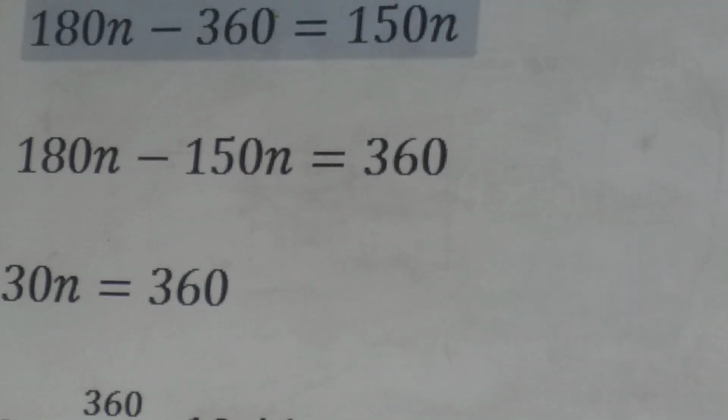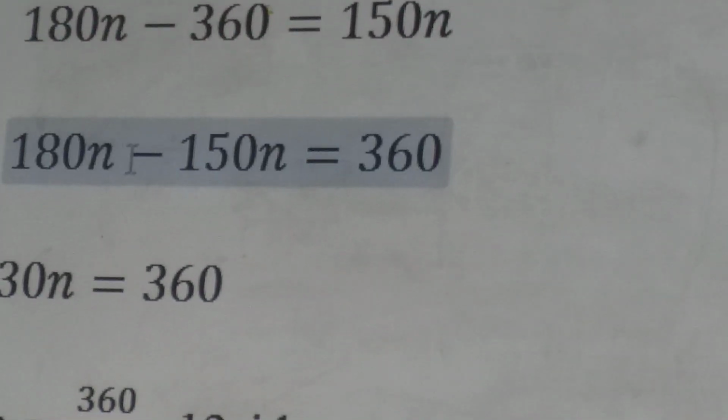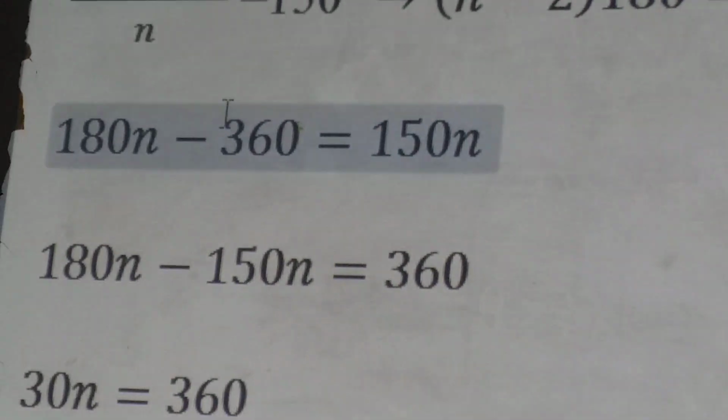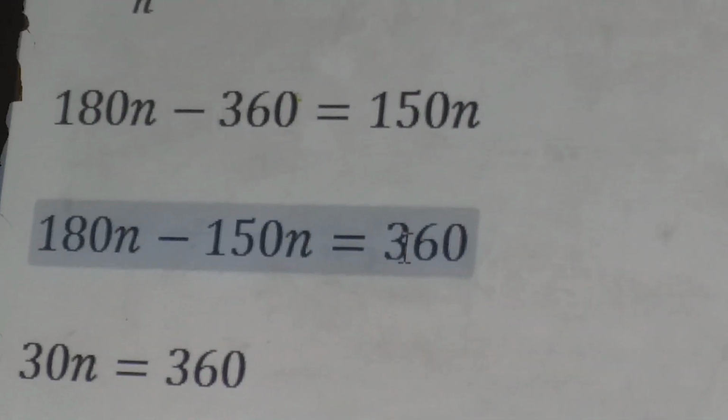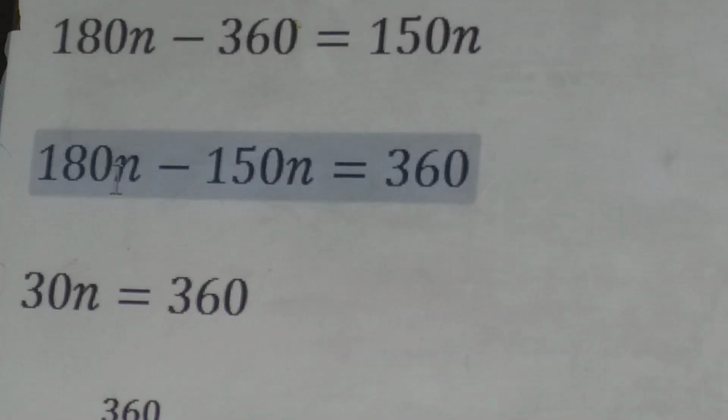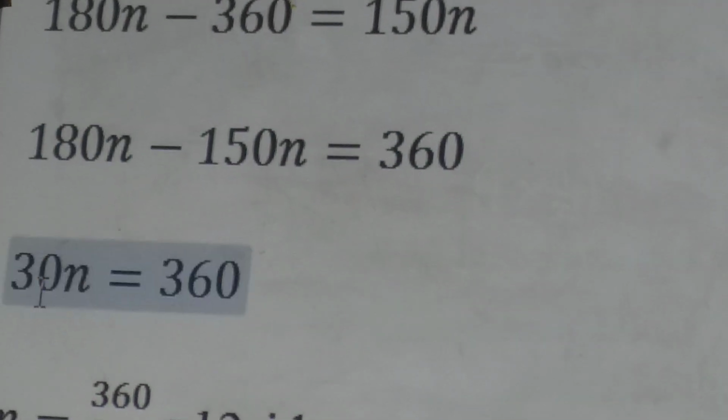We take 150n to this side to become minus 150n, and minus 360 to that side to become 360, so that 180n minus 150n equals 30n.